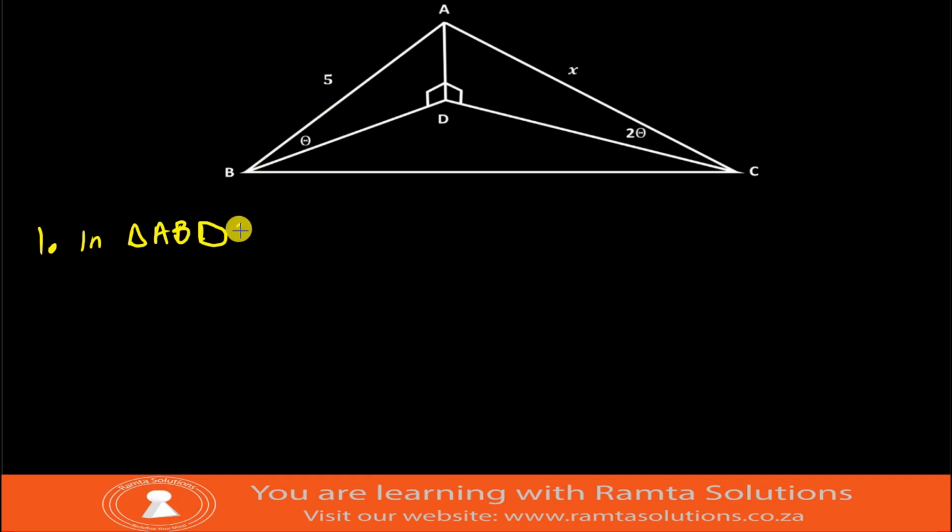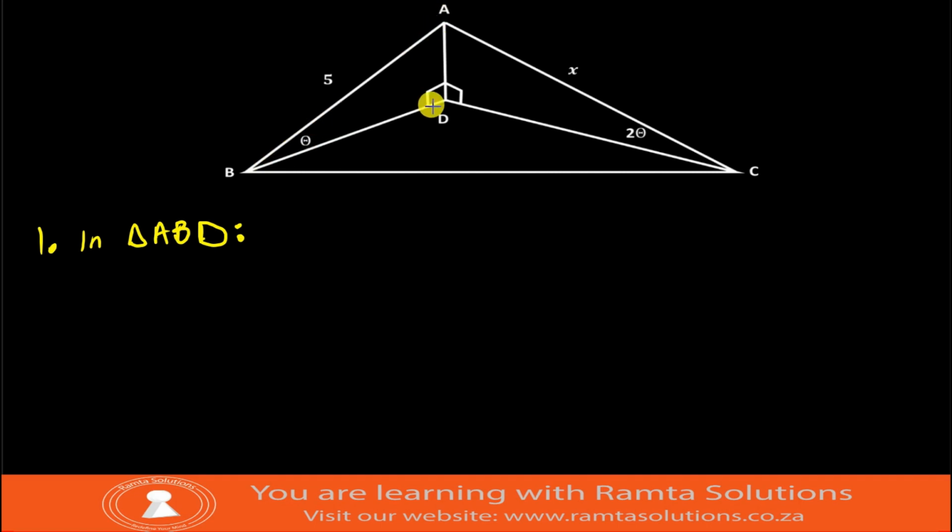In triangle ABD, we have the angle here. I can find AD, which is opposite the angle theta, and we have AB, which is the hypotenuse.